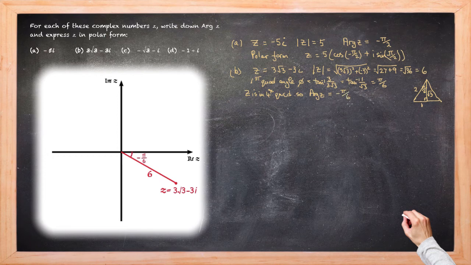So we're all ready for writing Z in polar form. So it's the modulus of Z, which is 6, times cos negative pi upon 6 plus i sine negative pi upon 6.